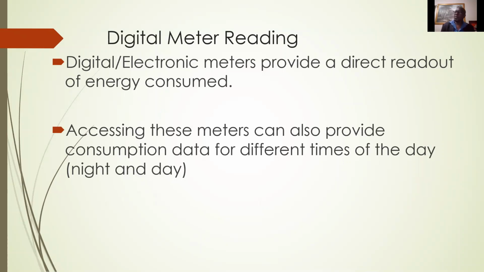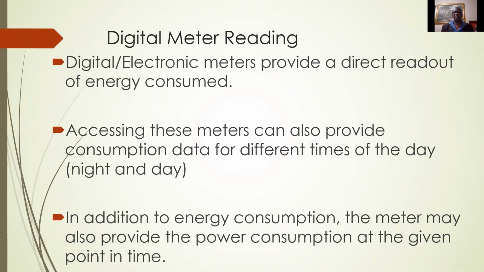So if a customer wishes to know how much they are consuming during the daylight hours as against during the night hours, the meter can provide that type of information. The meter may also provide the power consumption at any given point in time. So by looking at the meter, you can tell what the consumption is at a particular time of the day in your home.